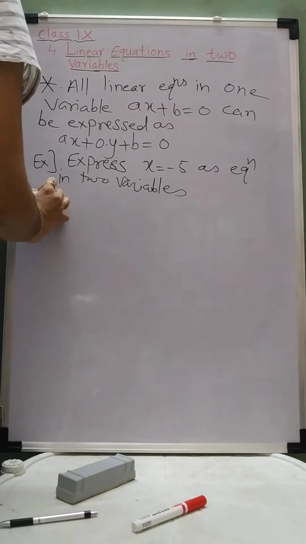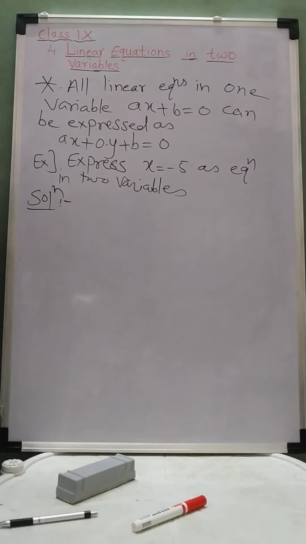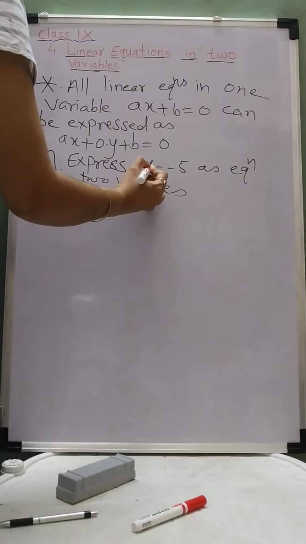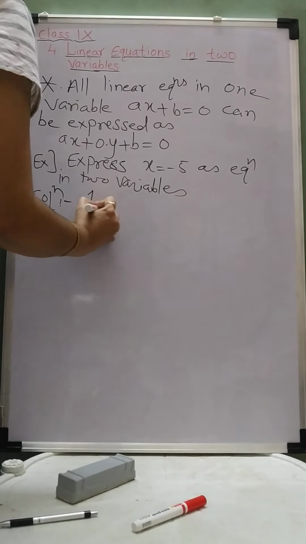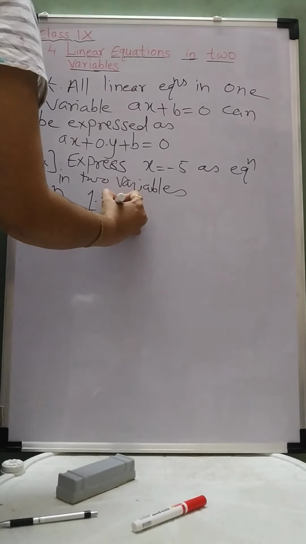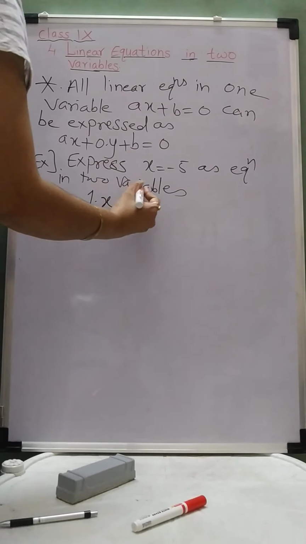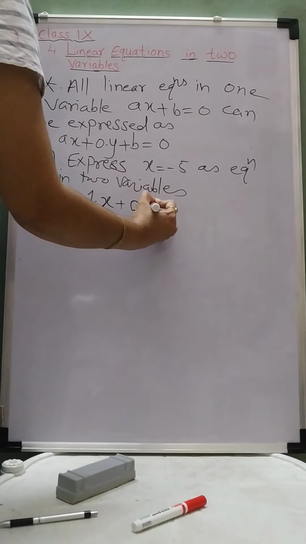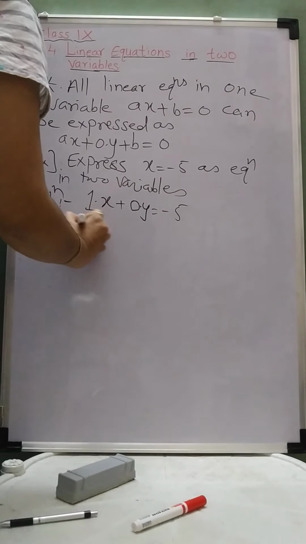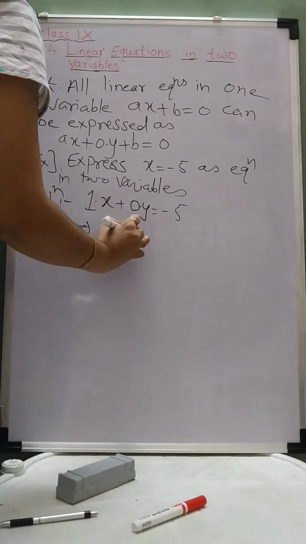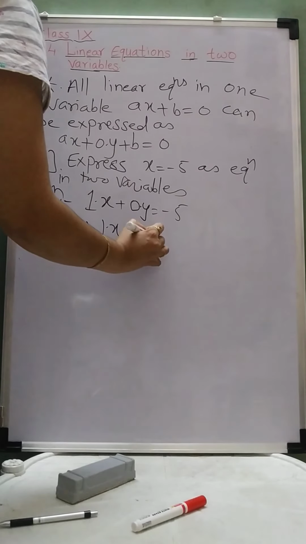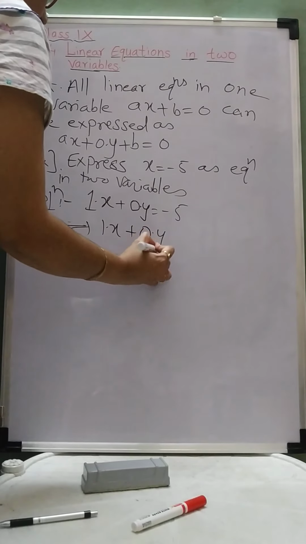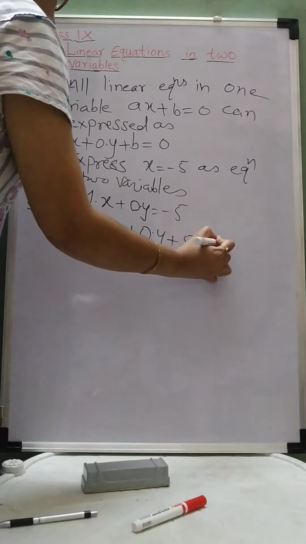So here we can write it as x minus 5. Since the coefficient is 1, we can write it as 1 into x plus, since y is not there, we will write the coefficient of y as 0 into y is equal to minus 5. This implies 1x plus 0y plus 5 is equal to 0.